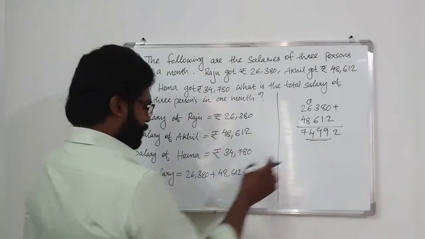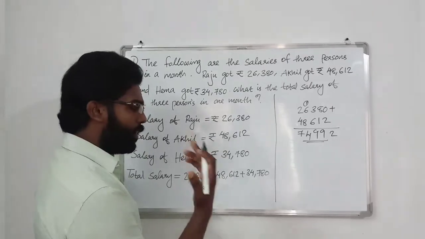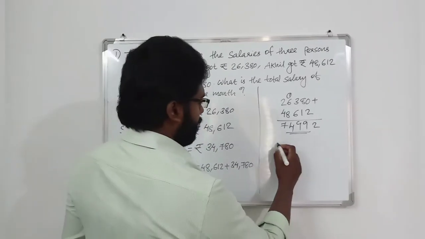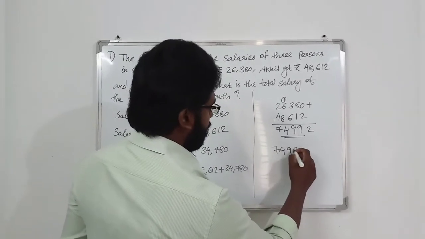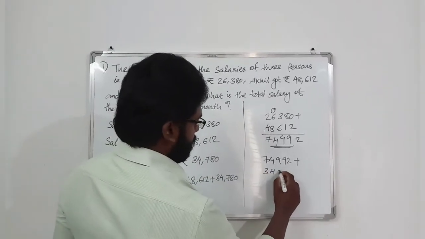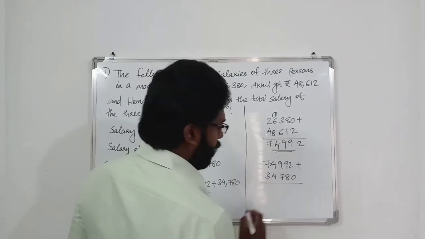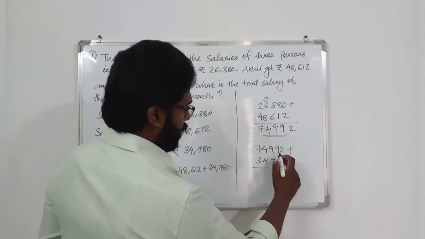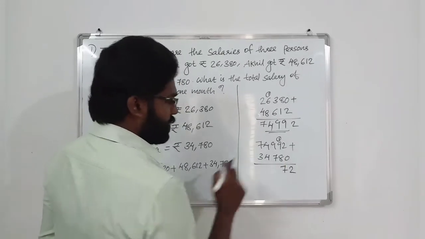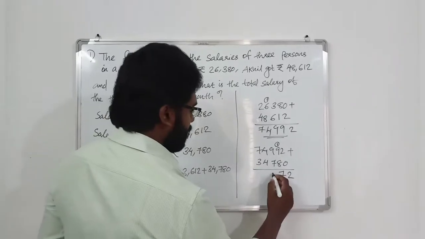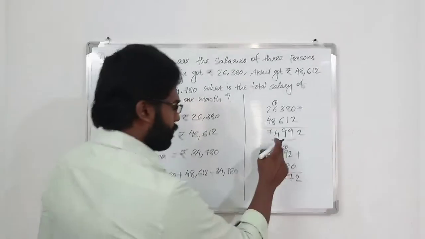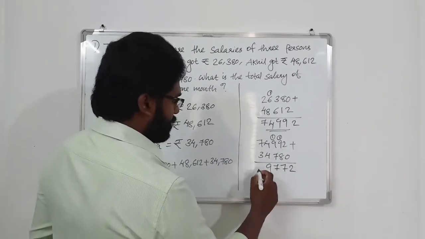If you want, we can write this answer there plus this one. Otherwise, you can find the final answer and substitute here. Then 74,992 plus our third number 34,780. 2 plus 0, 2. 9 plus 8, 17. 7 is here, 1 is remainder. 9 plus 7, 16. 16 plus 1, 17. 7 is here, 1 is the remainder. 4 plus 4, 8. 8 plus 1, 9. 7 plus 3, 10.